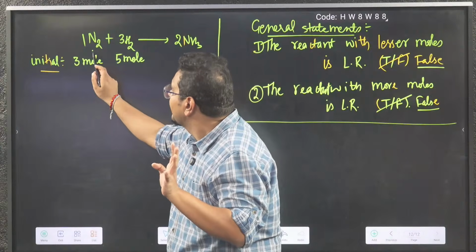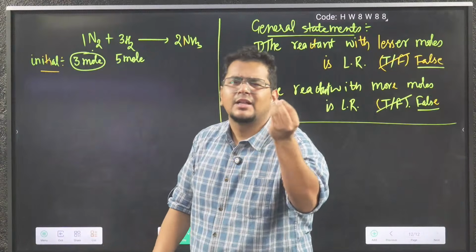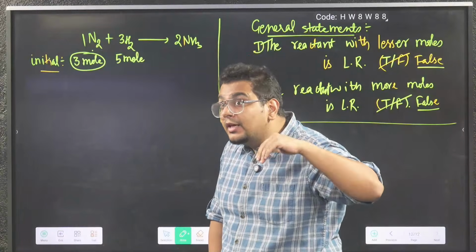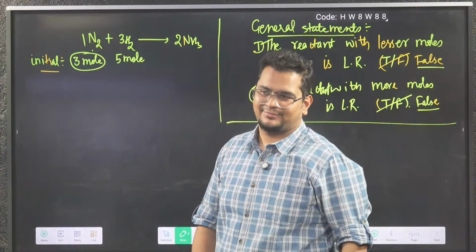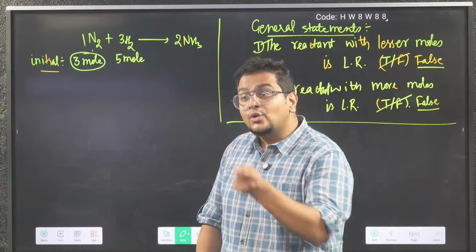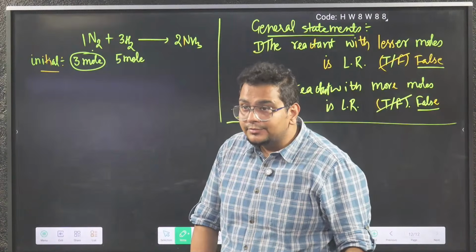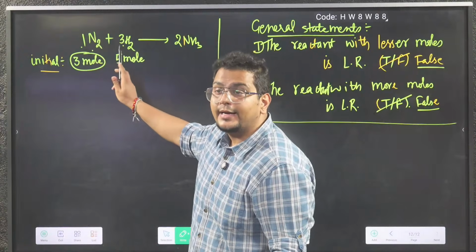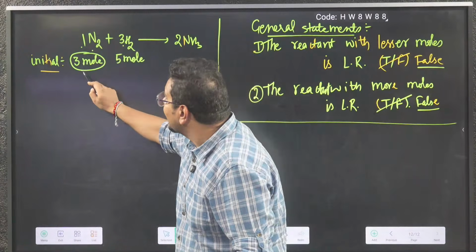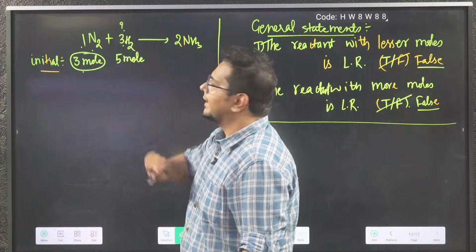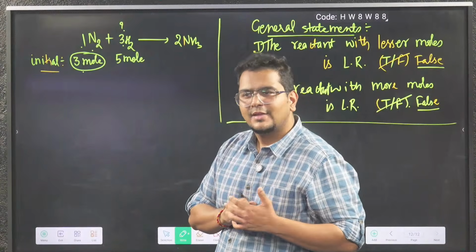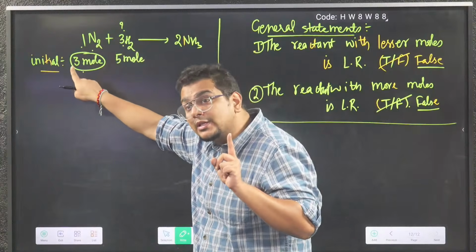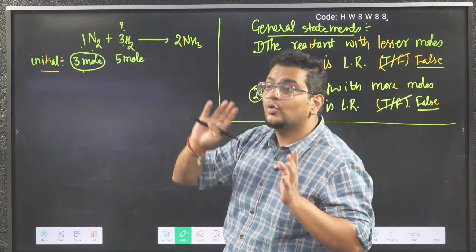So let us say 1 mole nitrogen reacting, so 3 mole hydrogen reacting. So if 3 moles of nitrogen react, more moles are reacting, so hydrogen will also react more. When 1 reacts, 3 react. Then this 3 reacts, how much will react? 1 nitrogen reacts, 3 hydrogen react. So if nitrogen 3 is reacting, how much hydrogen would be reacting?